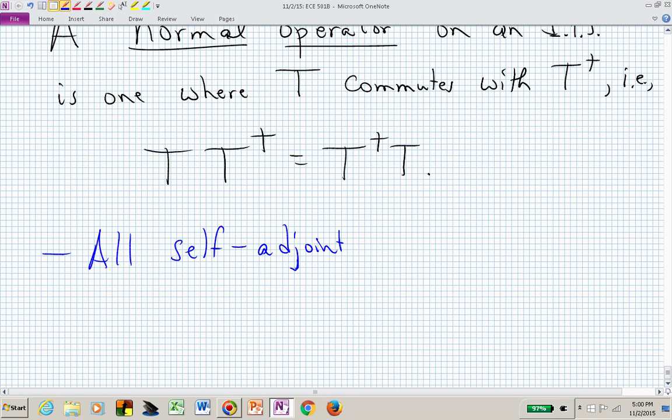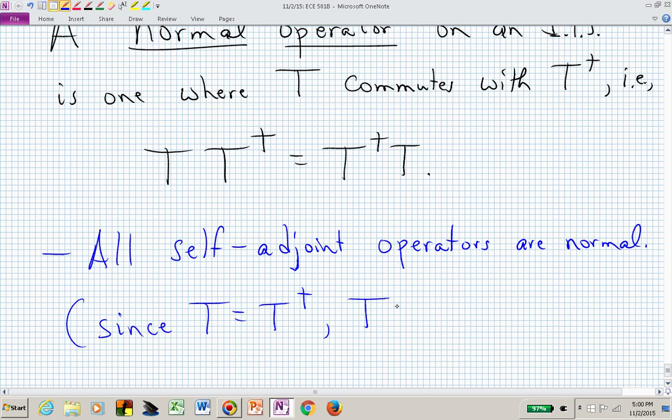It should be clear that all self-adjoint operators are normal operators. If a map is self-adjoint, we know T is equal to T dagger, which says that T T dagger is just T times T. But if T and T dagger are the same, I can say, oh, T is T dagger, and now I have T T dagger is equal to T dagger T, if we have a self-adjoint operator.